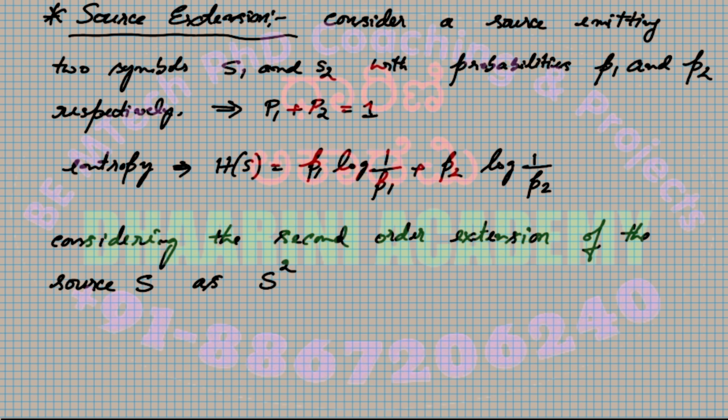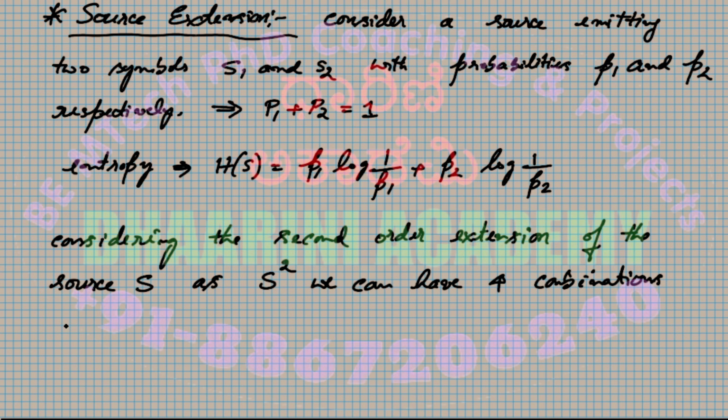What are the possibilities you have? Since I have only two symbols, it is 2 to the power 2. If I make groups of two symbols at a time, we have four possible combinations as S squared.